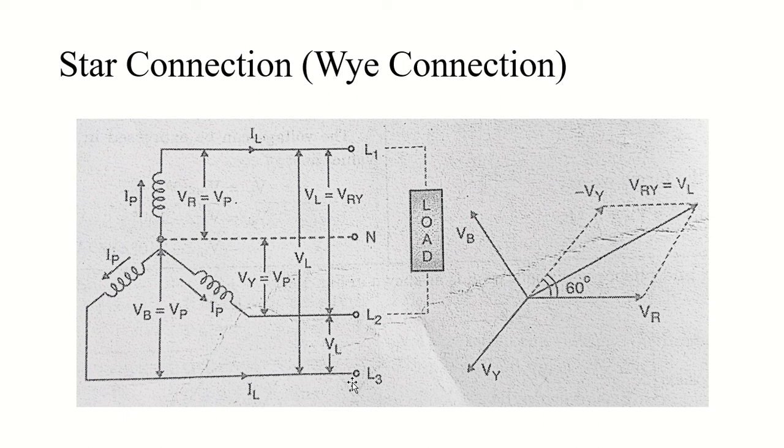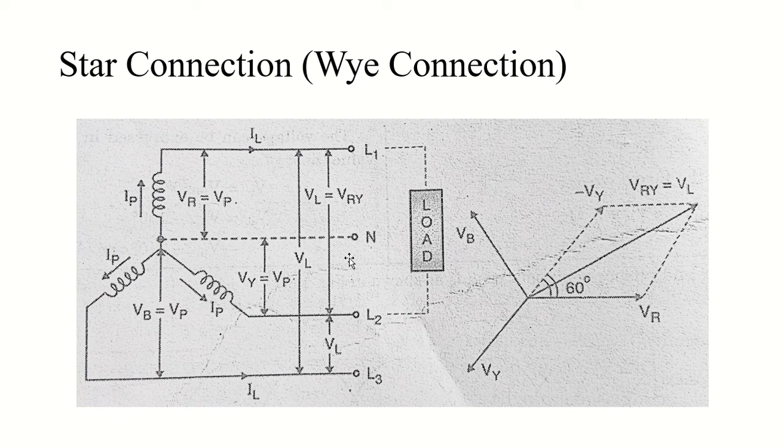The voltage which will be measured between these terminals, not all three connected together, like between L1 and L2, as this one is R and this one is Y, we call that voltage VRY. Sorry, apologies. The voltage between L1 and L2 is called VRY.